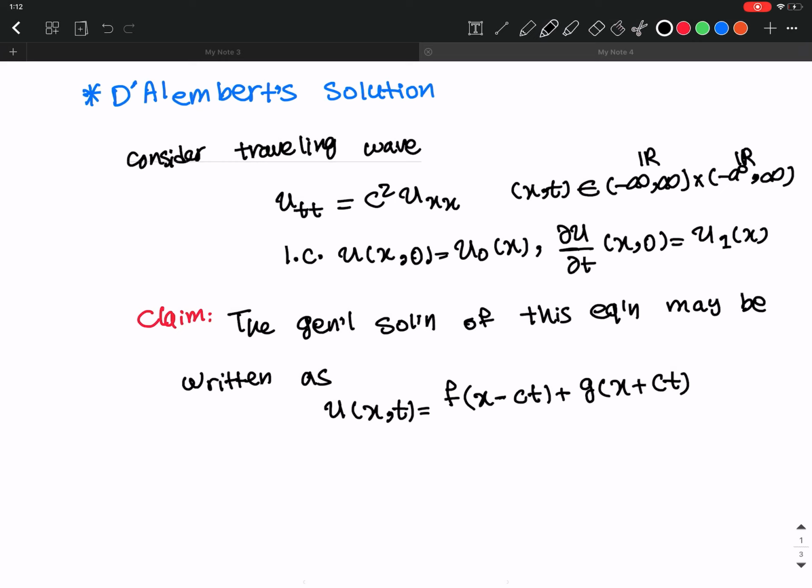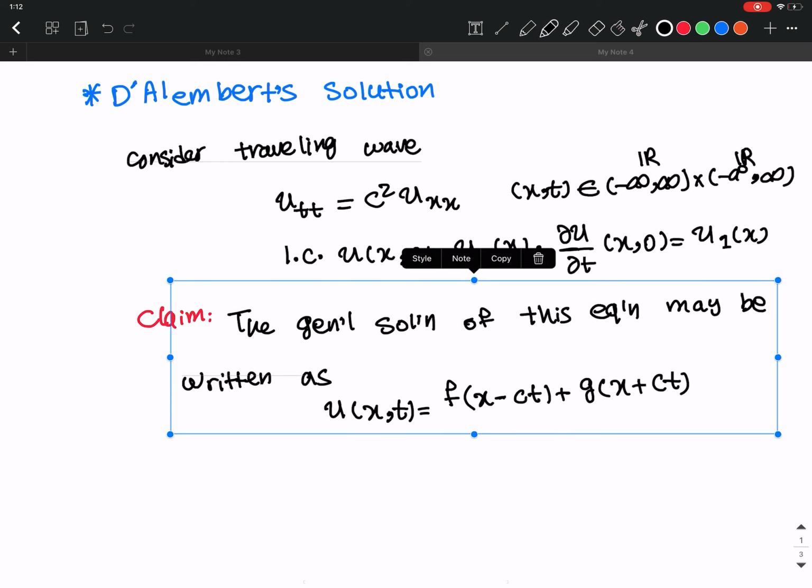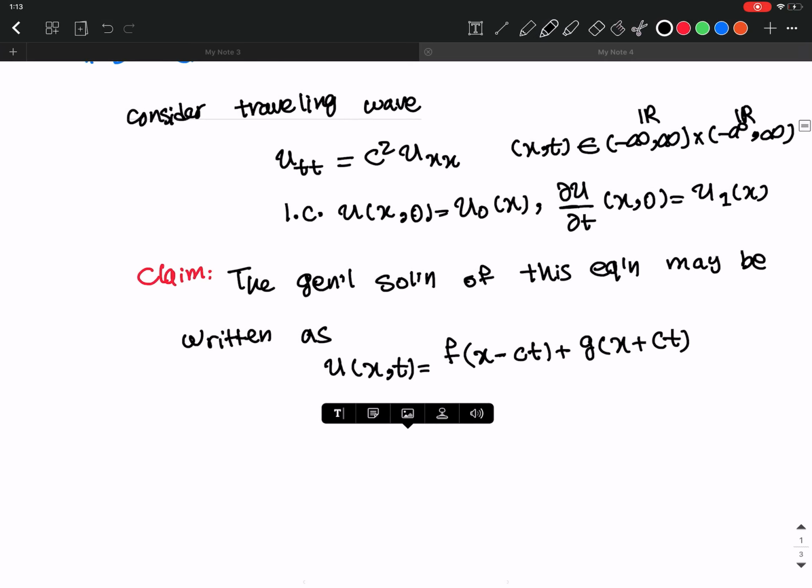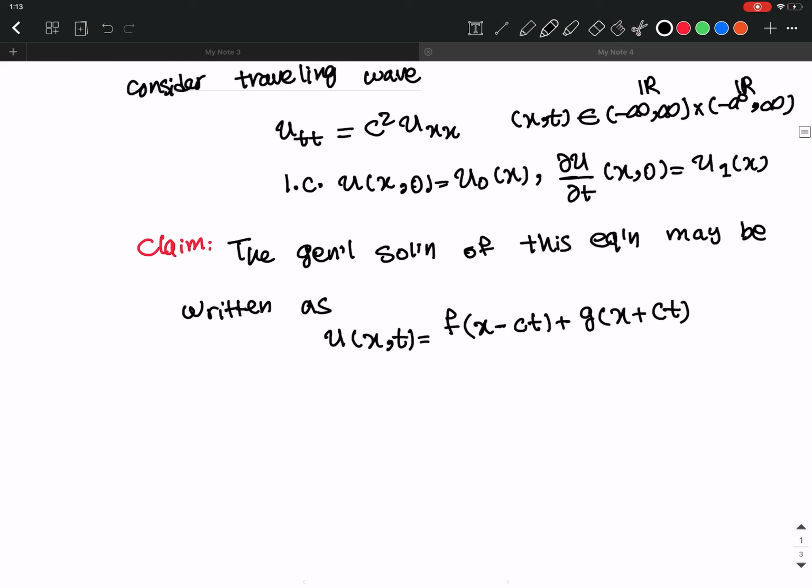Okay, so this is a general solution of this equation that we can write in this way. And so let's prove this. It has a simple proof. We want to prove that this equation is a solution for this one, right?